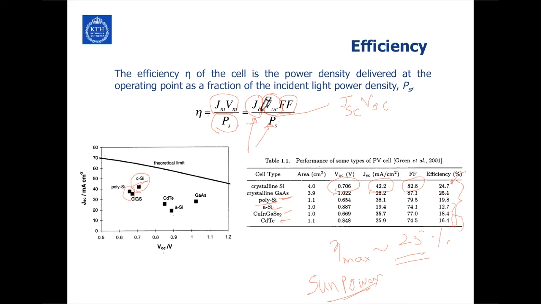There is a mistake here; this is the J sub short circuit current. So we defined these quantities, open circuit voltage and short circuit current, and then we defined how to get the efficiency of the solar cell.